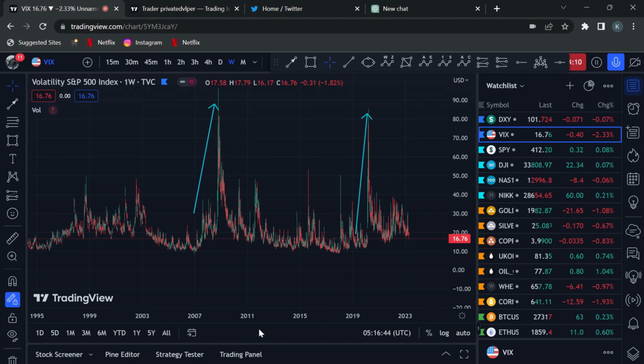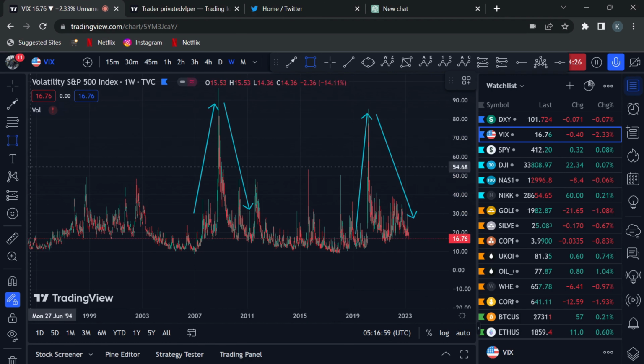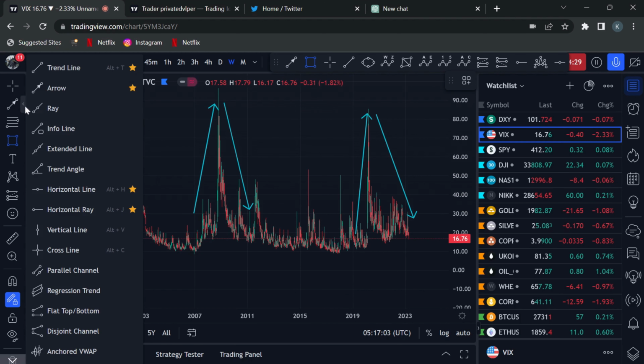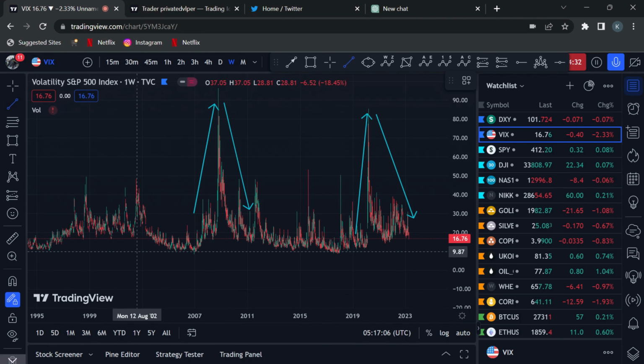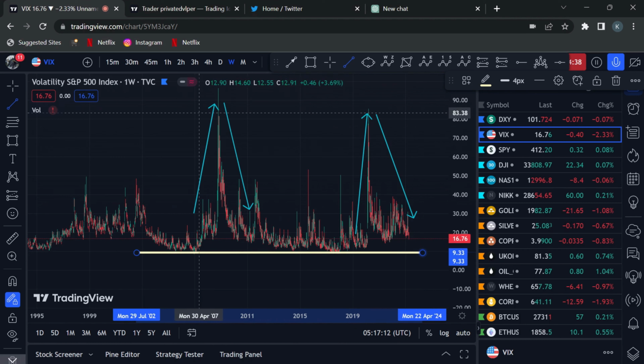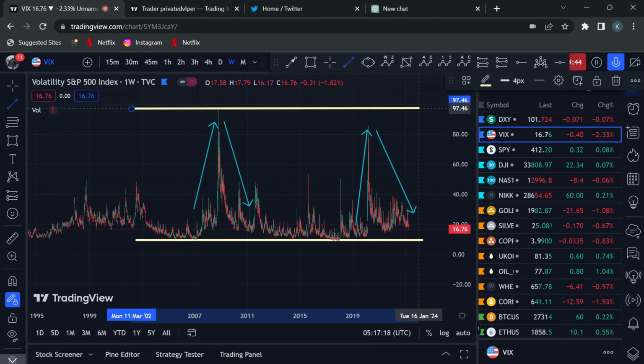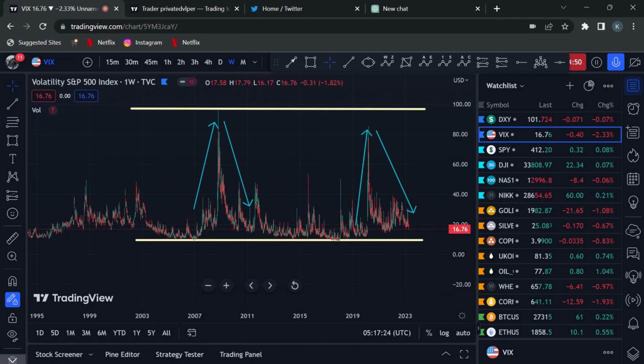So when the VIX is at very low levels, like here, say below double digits, that's below 10, or at the extreme levels, it means that the investors are buying equities because we have more call options than put options.